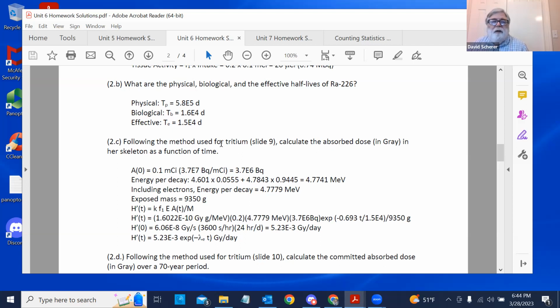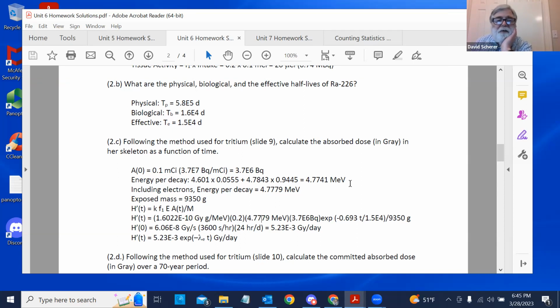The question, when we're calculating this, what we're calculating is a dose rate as a function of time, right? So if you look at the units, I've got K, F, E, A over M. Now, the A has units of per second or per whatever. It's units of per unit time. So the overall quantity at the end is going to be per unit time, you know, micrograys per second, micrograys per hour.